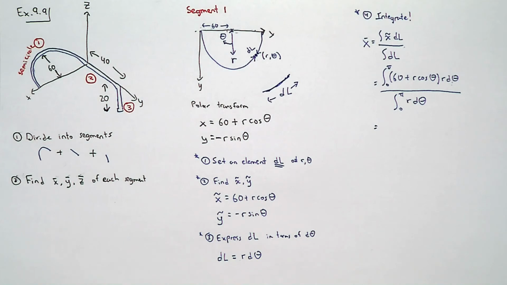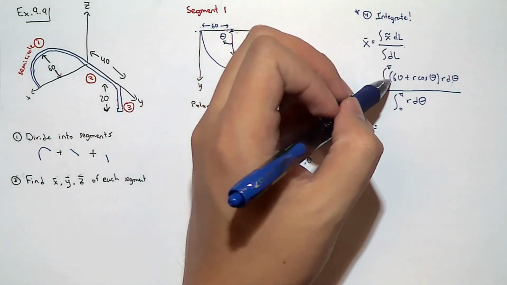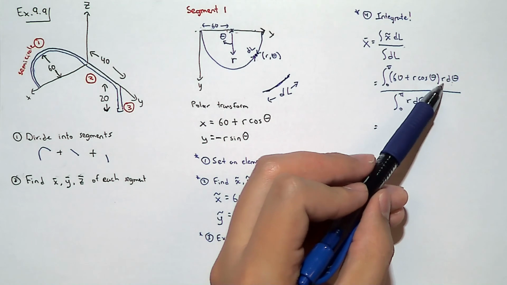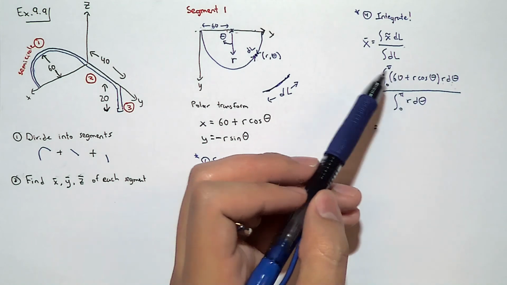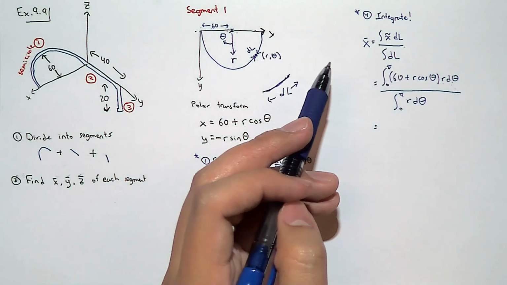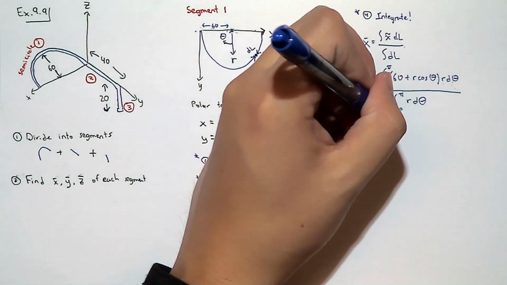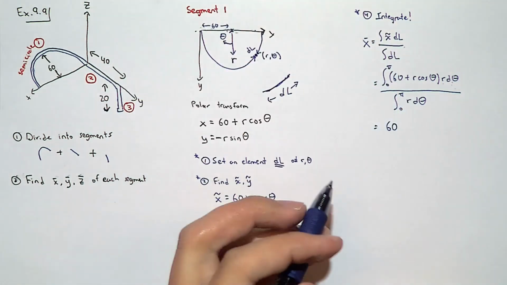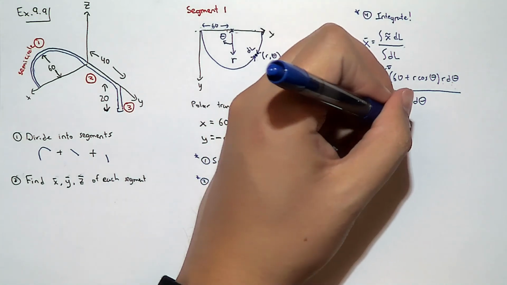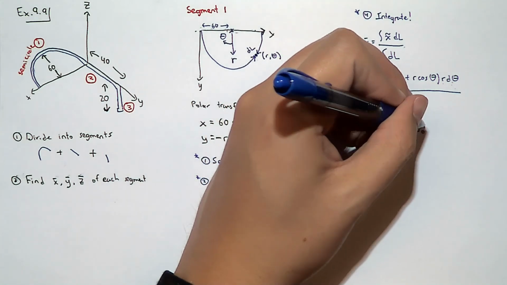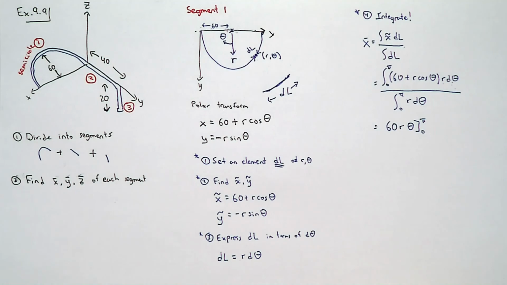So let's see what this gives us. We have the integral from 0 to pi of 60 times r d theta. We can move 60r out of the integral, and this will give me the integral of d theta, which is just theta. So this is 60 times r times theta evaluated from 0 to pi.